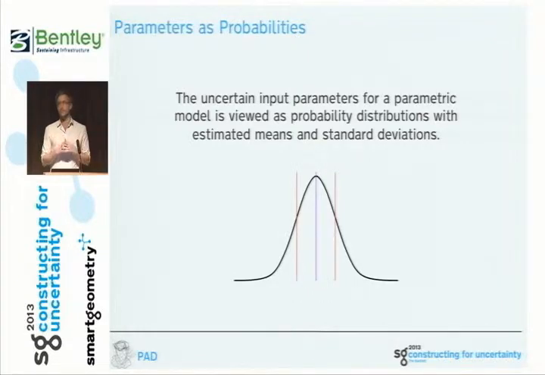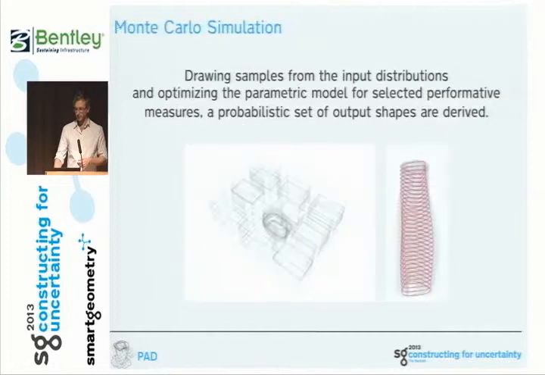take a parametric model, but view the uncertain input parameters as probability distributions with an estimated mean and standard deviation. So this is, of course, the very common normal distribution with mean in purple and standard deviation in orange here. What we did then was something that's called Monte Carlo simulation in engineering.